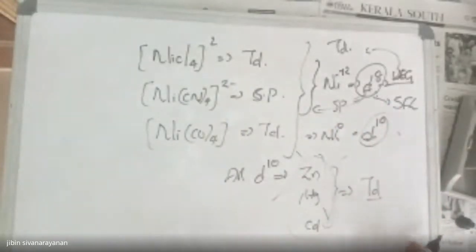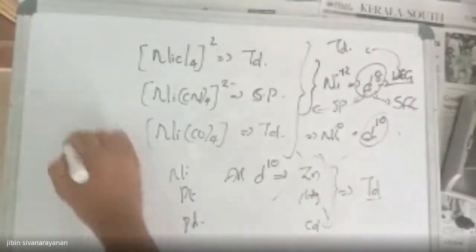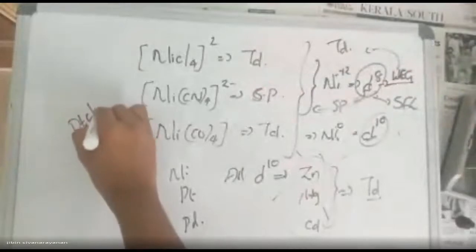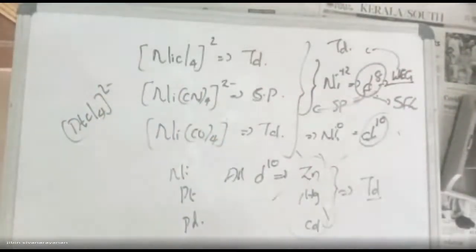So not only nickel, but also platinum and palladium. And one more exception is there. What is the geometry of PtCl4 2 minus? Whether it is square planar or tetrahedral.